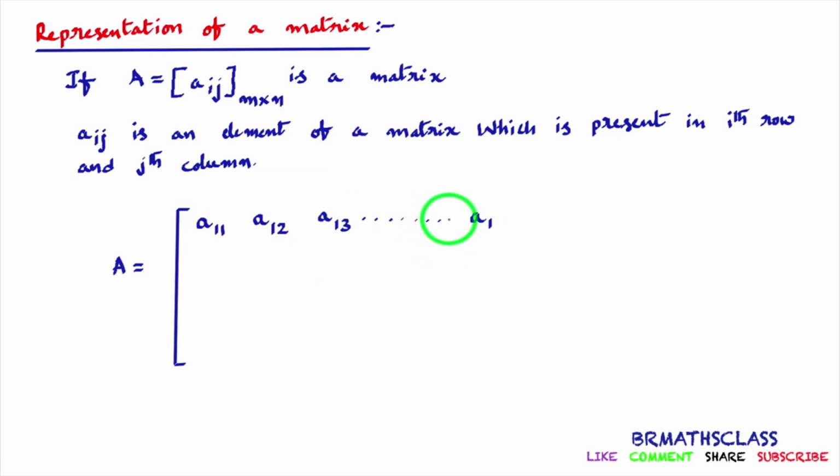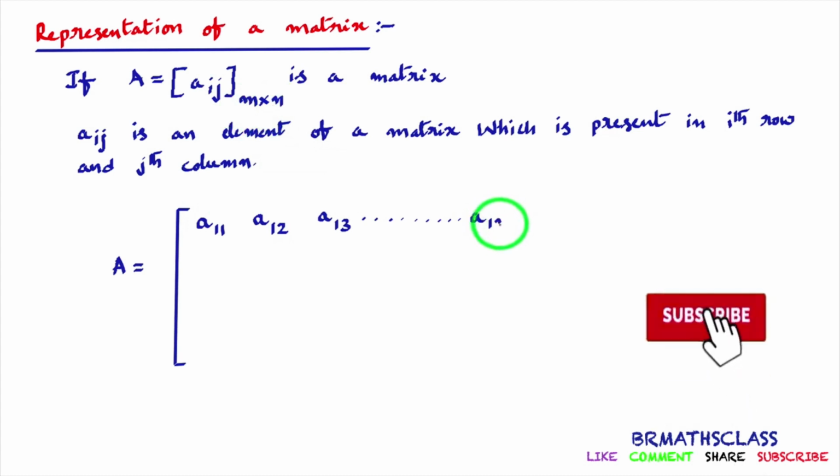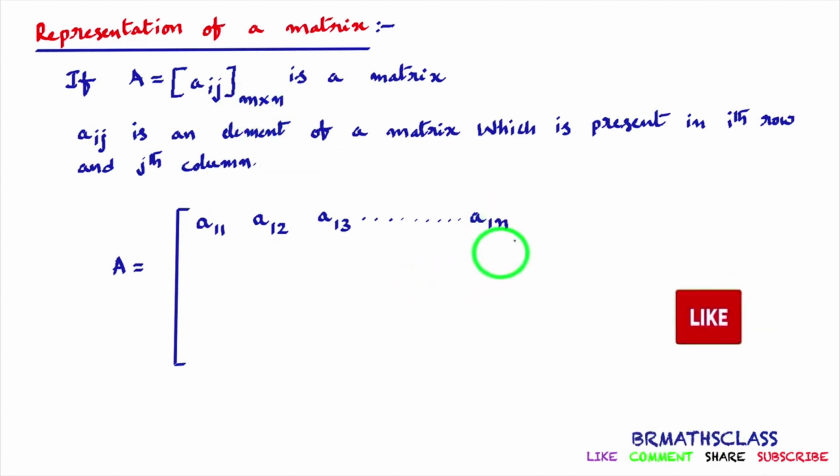How many columns are present? You observe this is a matrix with m rows and n columns. So n columns will be there. What is A1n? This is the element present in the first row and nth column. A13 means an element present in the first row and third column.